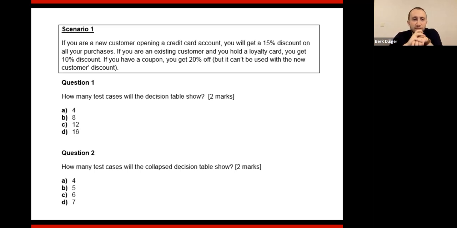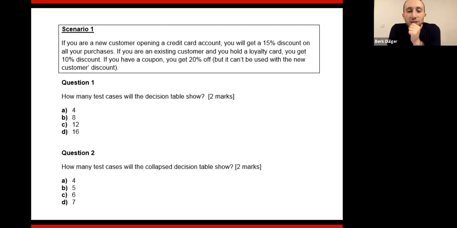Joseph says 3, but there's no 3 option. One of the options there is correct, Joseph. Joseph, maybe you mean the number of conditions, right? Not the number of test cases.